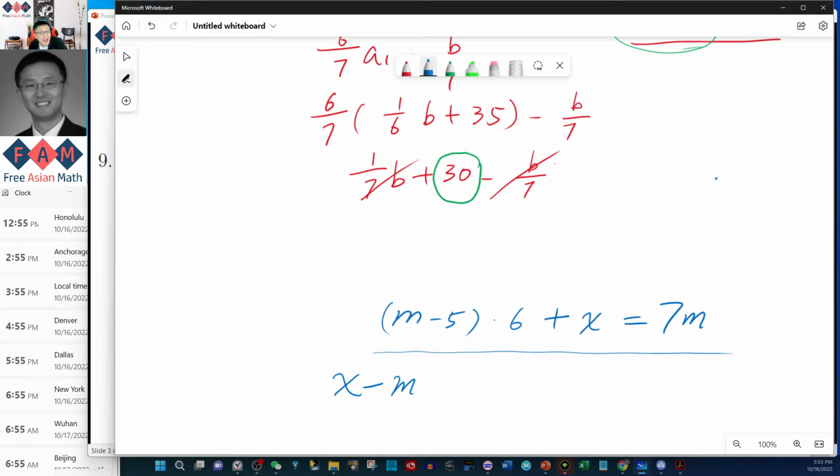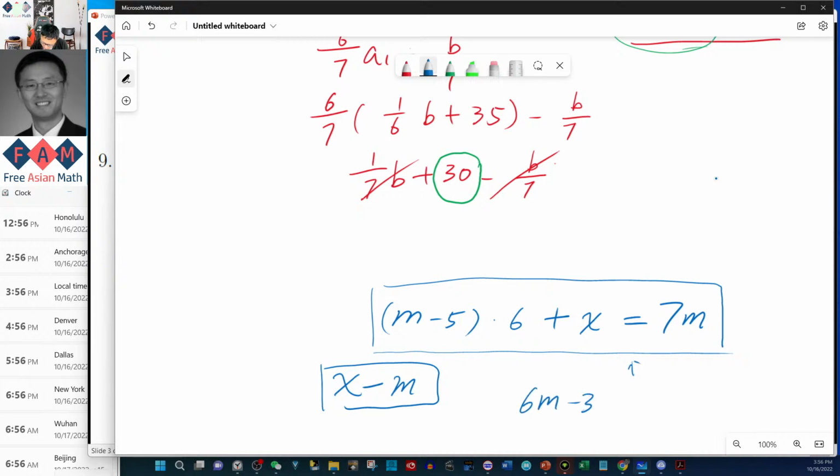Once again, we know x is larger than m. So you want to compute this one. And the basis is what you have here. So if we expand the equation, this would be 6m minus 30 plus x equals 7m.